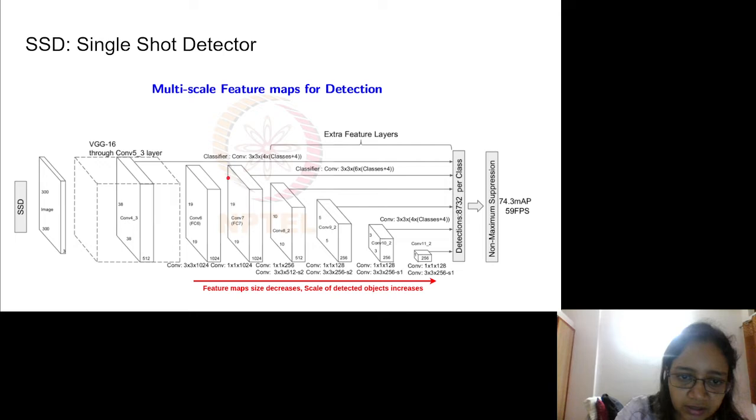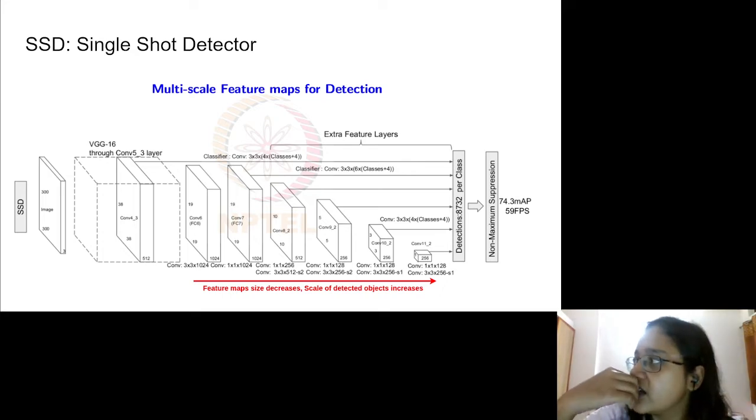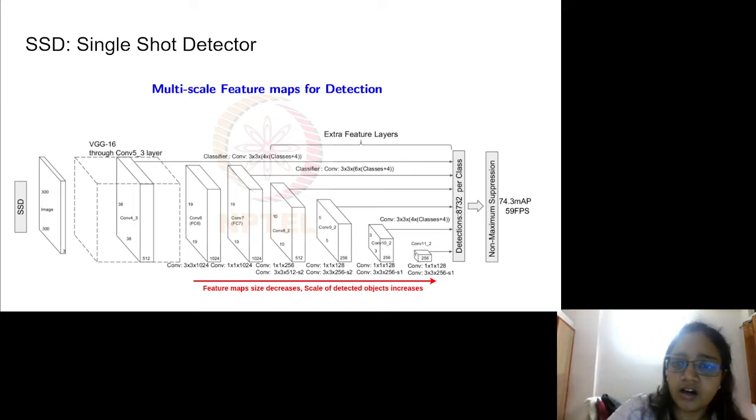So the moral is that you attach a classifier to each, basically you use each and every one of them to detect objects. That is just what is happening in the SSD. And in the process of doing that, you detect a lot of wrong detections or overlapping detections and so on.